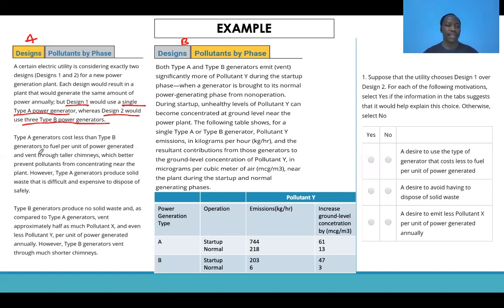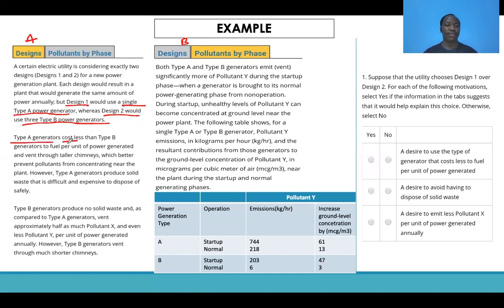Paragraph 2: type A generators cost less than type B generators to fuel per unit of power generated and vent through taller chimneys, which better prevent pollutants from concentrating near the plant. However, type A generators produce solid waste that is difficult and expensive to dispose of safely. So paragraph 2 is about type A generators.